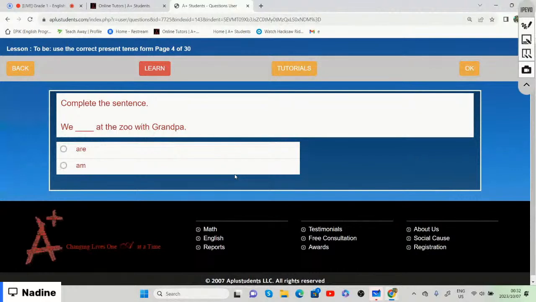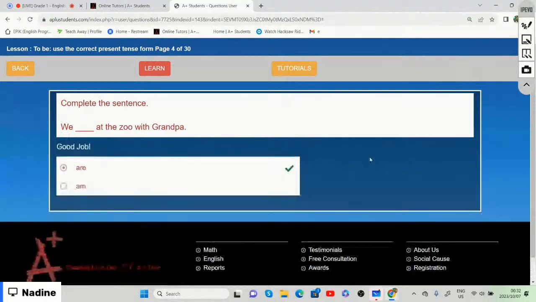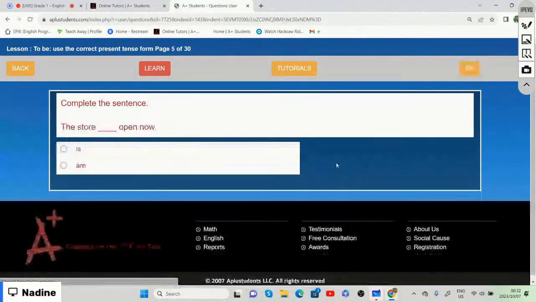All right, so we will say we are at the zoo with grandpa, because remember we say am when we refer to I am, right? So we will say we are because it refers to more than one person. So good job, well done.